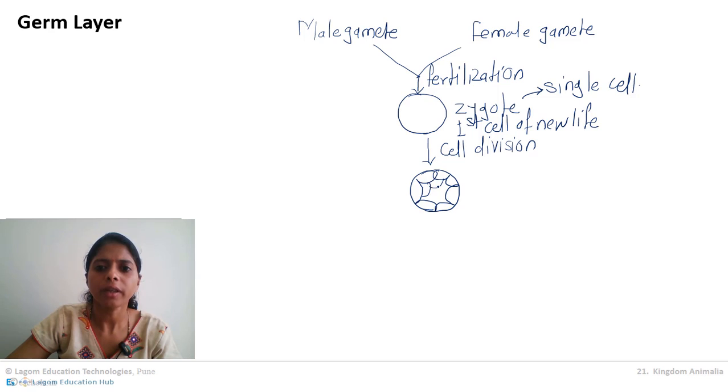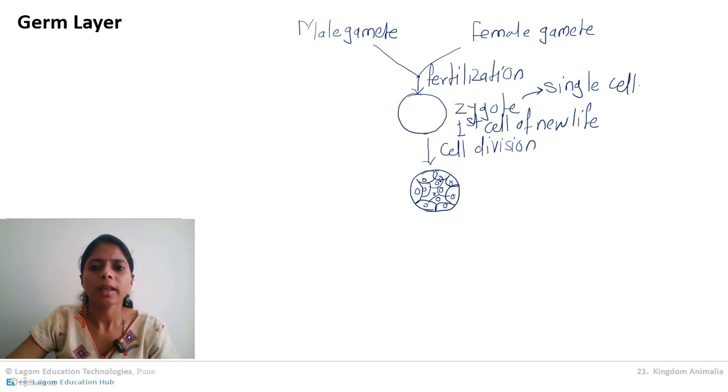Several new cells are formed, and every cell has its own nucleus. Now this zygote is converted into a bunch of cells, a group of cells. Now this group of cells formed is called as blastula.